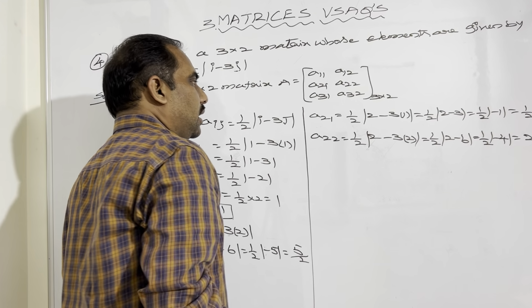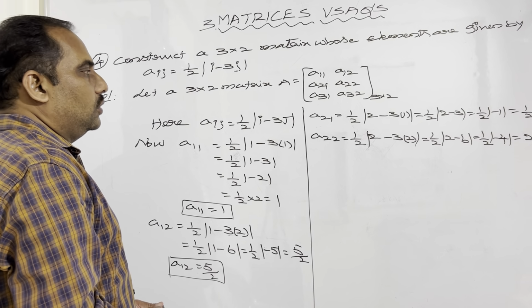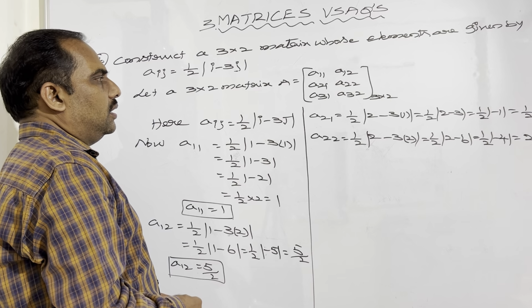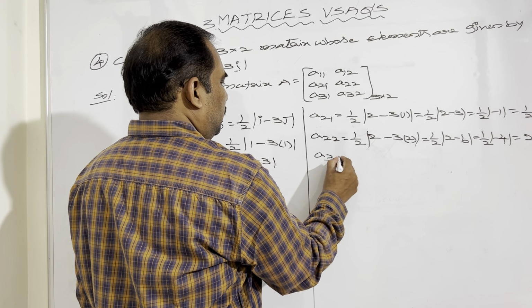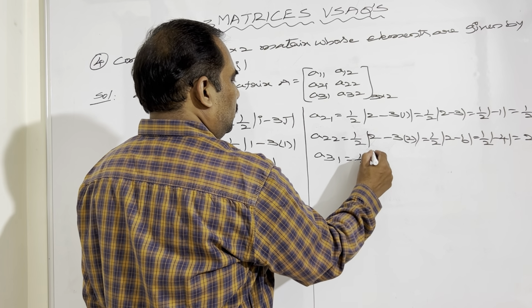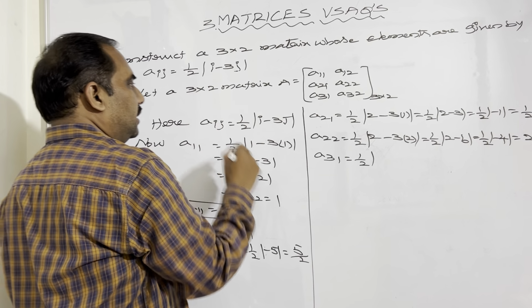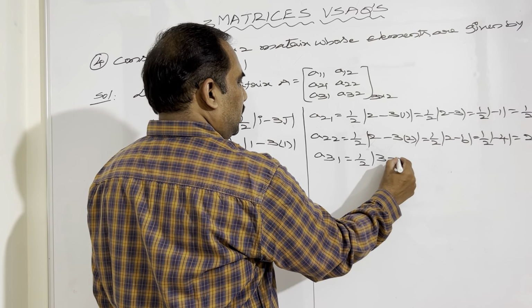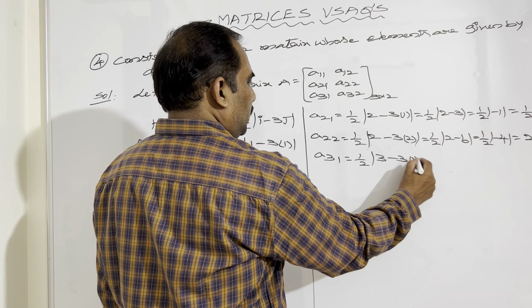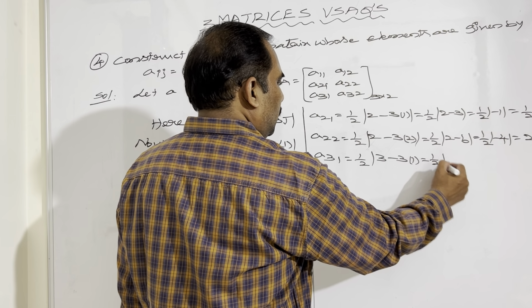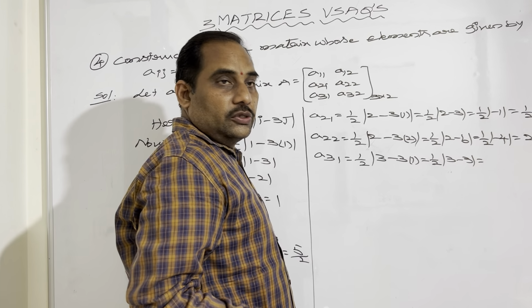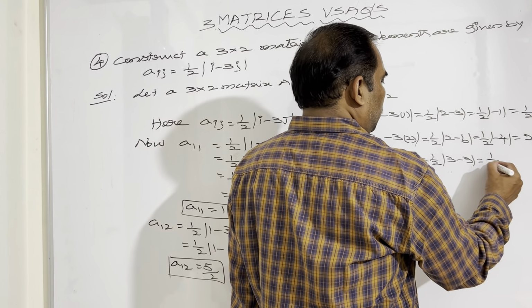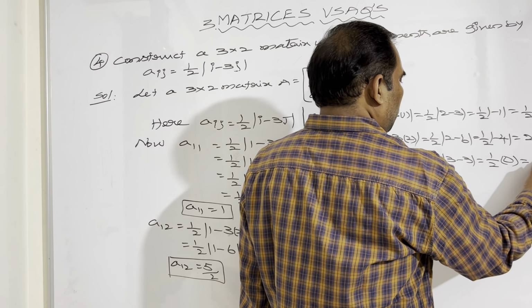Similarly, A31: here I is 3 and j is 1. So A31 is equal to 1 by 2 into modulus of 3 minus 3, which is 3 minus 3 is 0, so 1 by 2 into 0 is equal to 0.